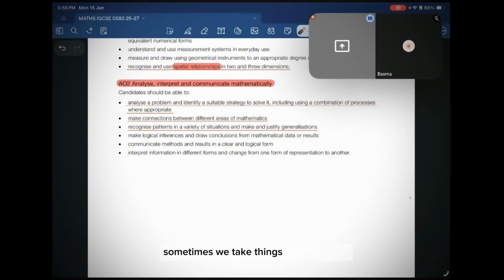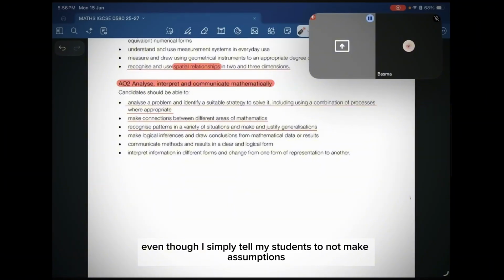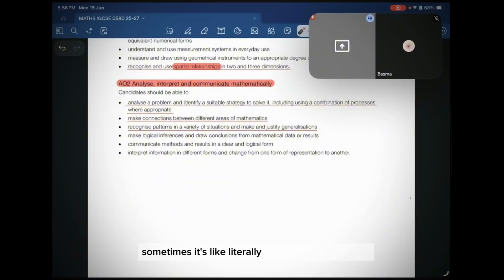Sometimes we take things for granted and we generally make assumptions. Even though I simply tell my students to not make assumptions, sometimes it's literally staring at us in the face. And your ability to make a generalization and your ability to justify a generalization, if you yourself made it or if the examiner has made it.